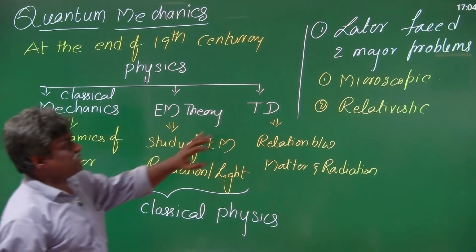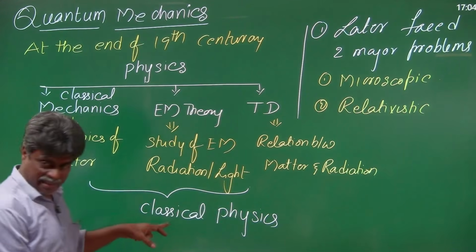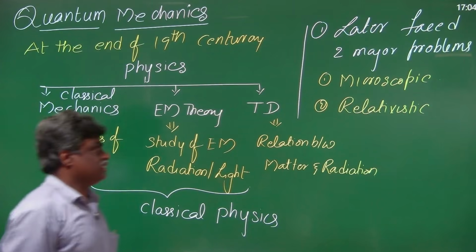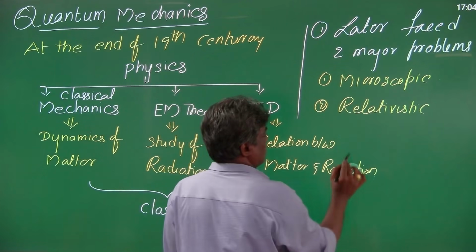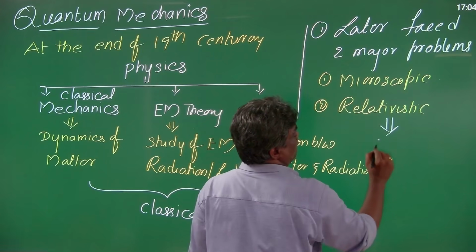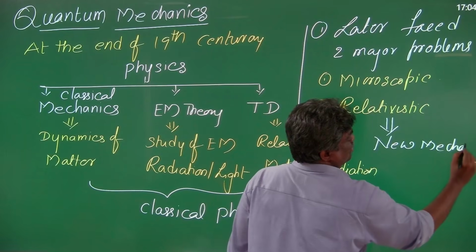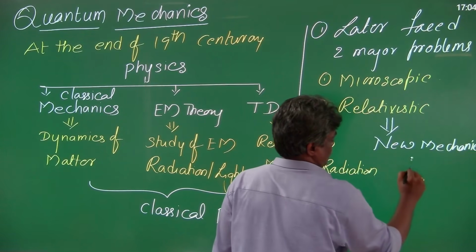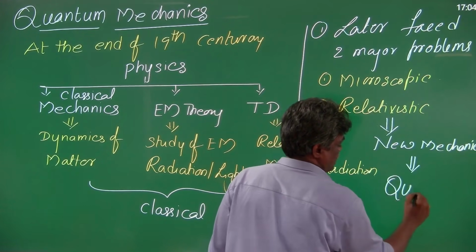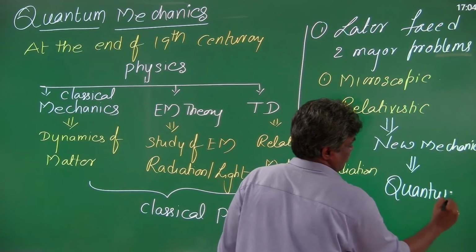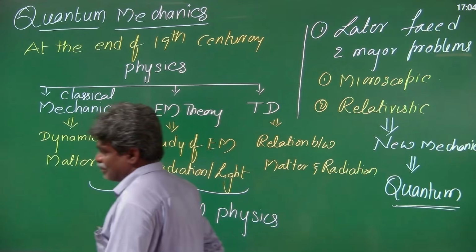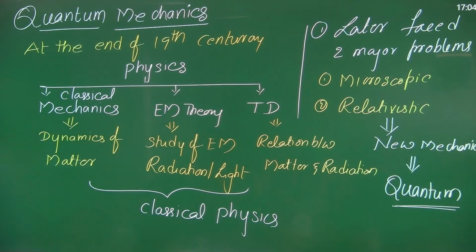These two major issues were not explained by classical physics. Then they thought we need another new mechanics, and that is nothing but quantum mechanics. So this is the way to quantum mechanics.